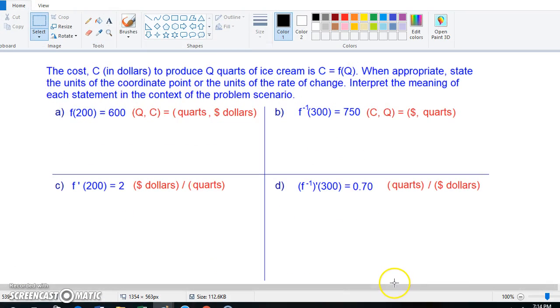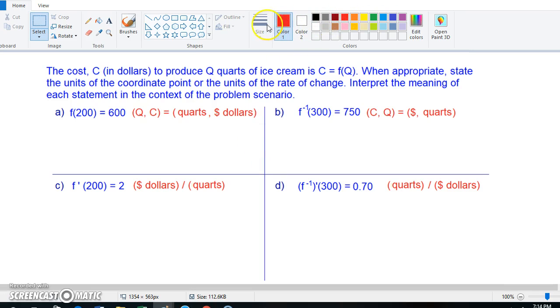Hopefully these are the rates of change and the units that you wrote for each coordinate point. So Q is your input, C is your output, that's quarts and dollars. So 200 quarts, $600. The second question, $300, 750 quarts. The derivatives, remember, represent a rate of change.